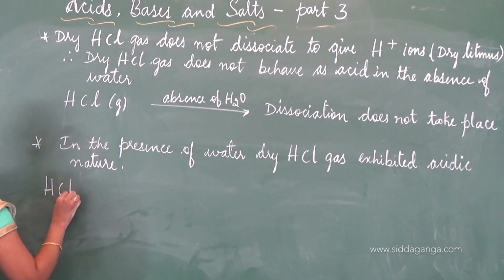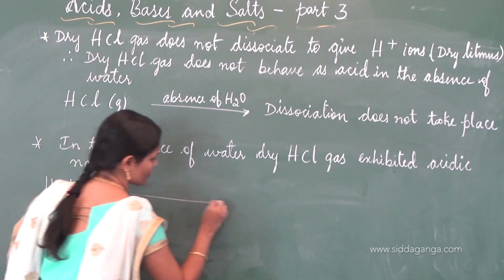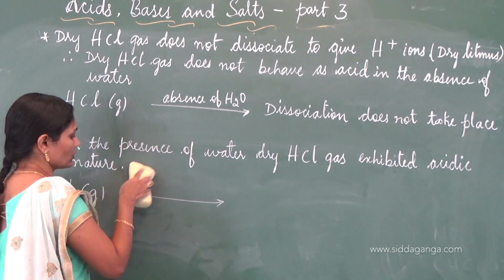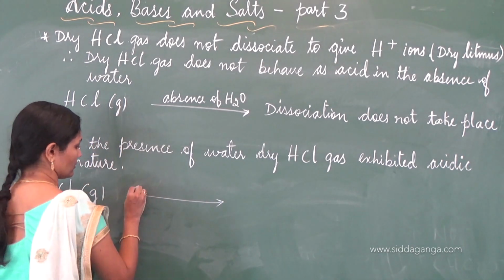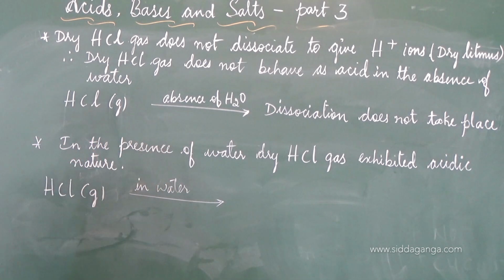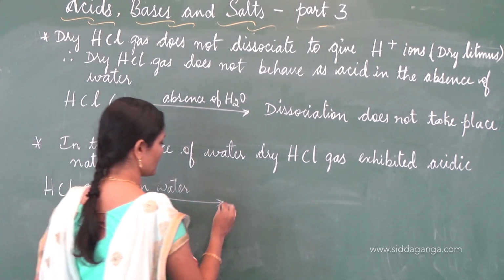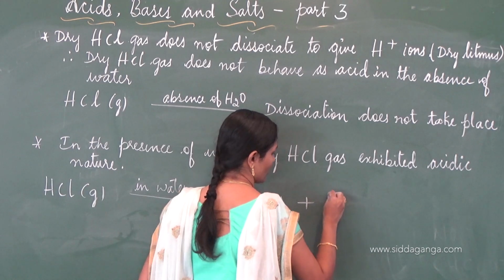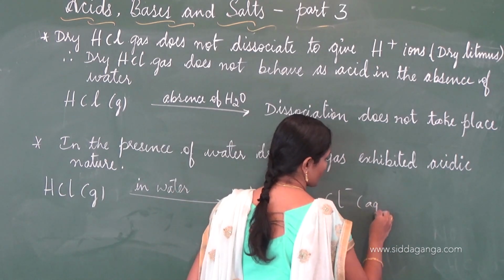That is HCl, dry HCl in its gaseous form, in the presence of water or in water. Am I clear to you? In water, what actually happened? In water, it dissociated to give H plus ions and Cl minus ions.